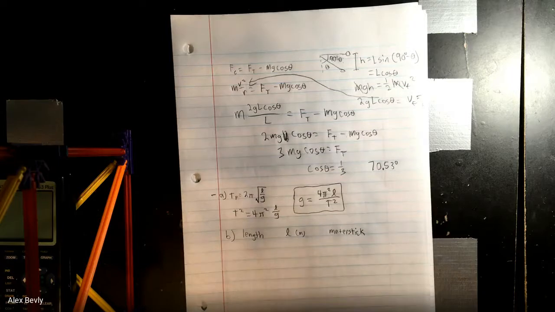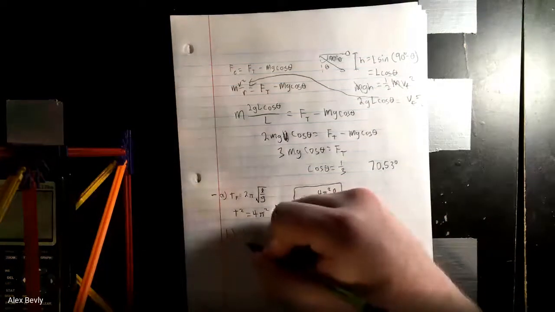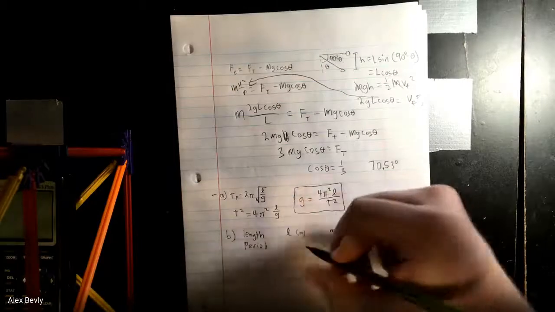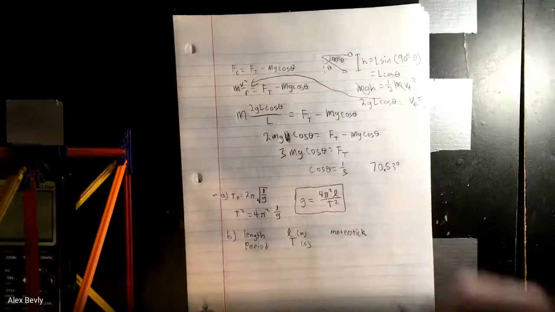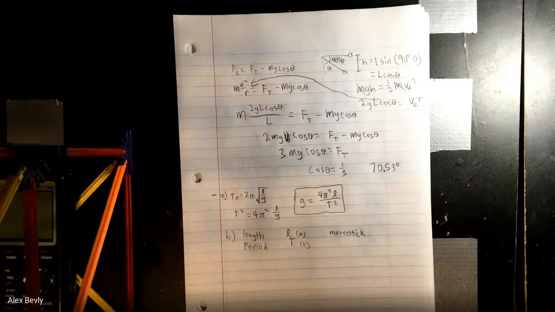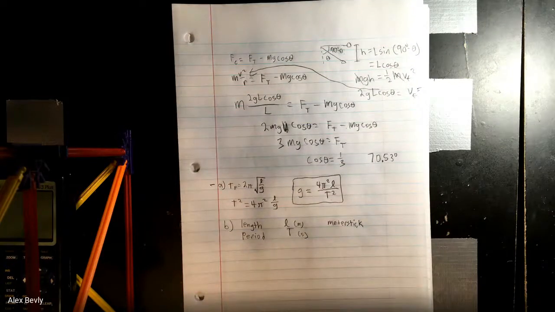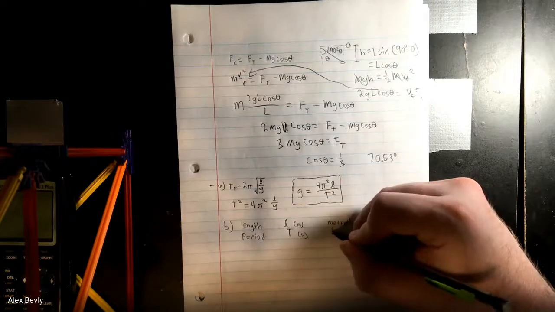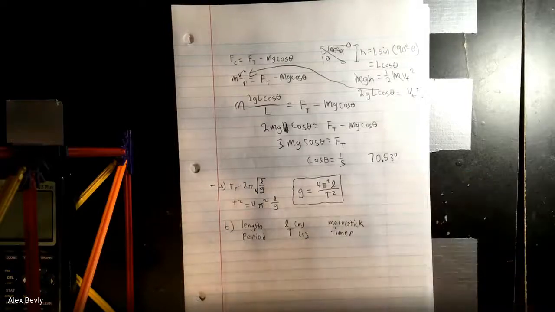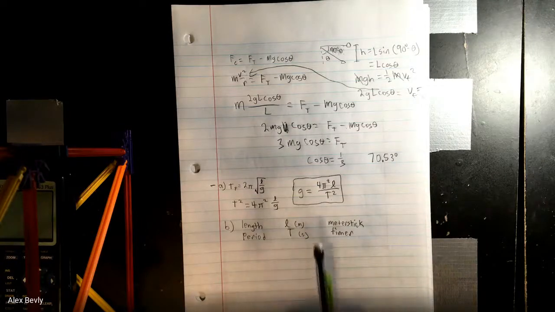All right, I need to get period. What am I going to measure period with? With a timer, right? So that's really all we need to put in for this measurement. That's enough to get acceleration due to gravity. I don't need to record anything else.